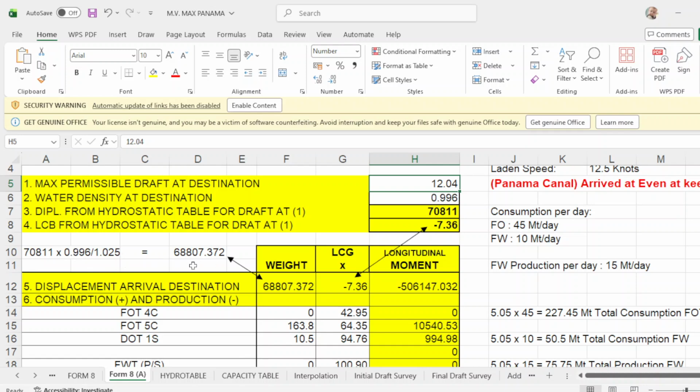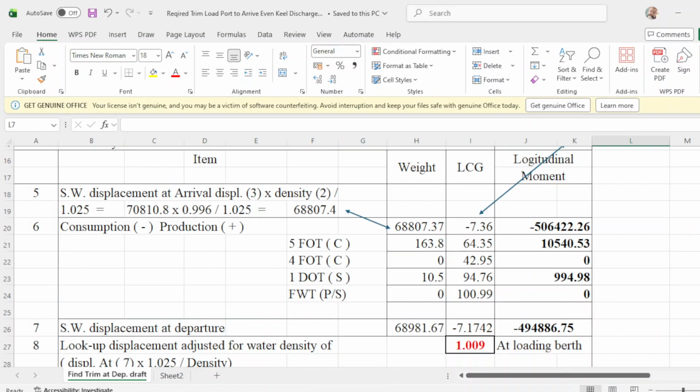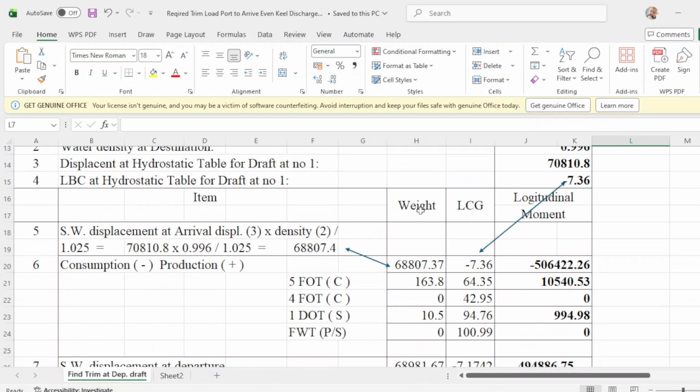That will be 68807.372 by manual, or 68807.4, or 37 to be exact.